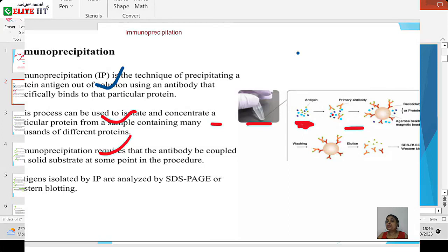So you have to add the primary antibody. I told you during the discussion of ELISA, what is the primary antibody? If one antigen is present and you are preparing an antibody against the antigen, that is called the primary antibody. Now what is the secondary antibody?